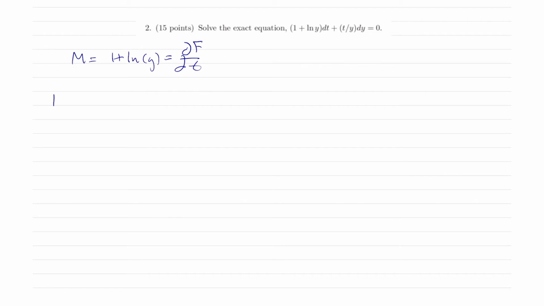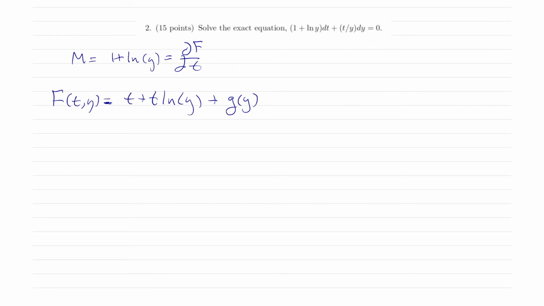So I can figure out that f of t, y is equal to t plus t ln of y plus some constant with respect to t, which we'll call g of y. It can still be a function of y.